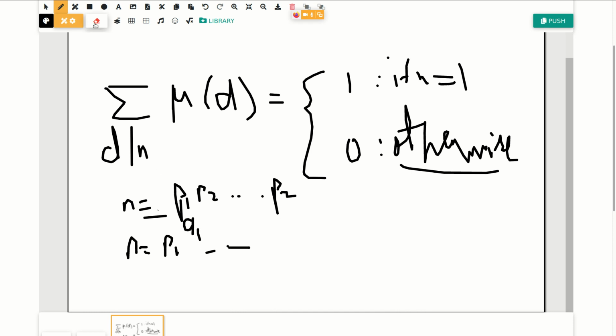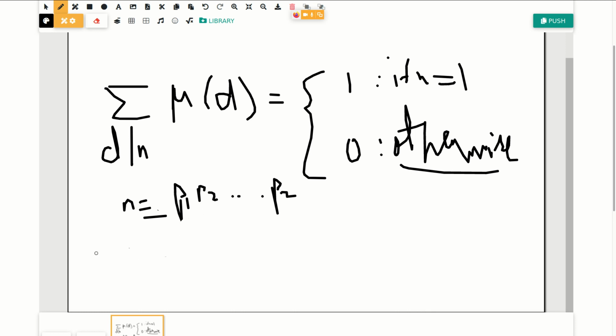These two values are equivalent with respect to the sum, because all the other divisors which have any of the pi powers greater than 1 would come out to be 0 here.